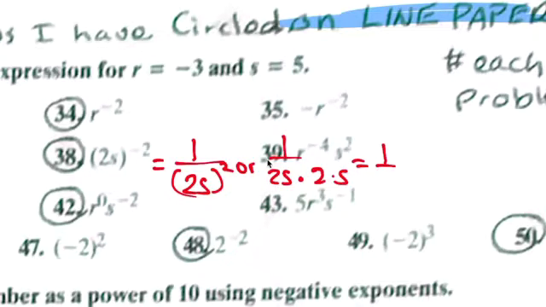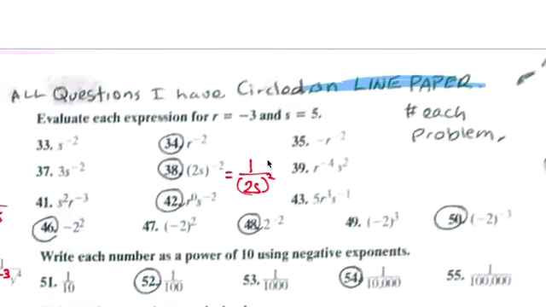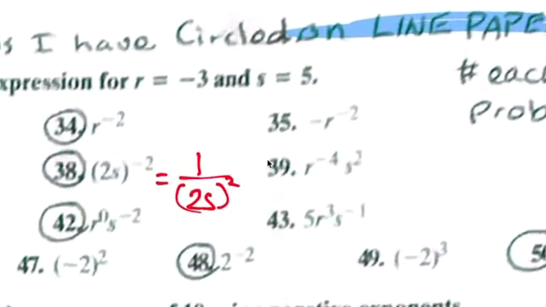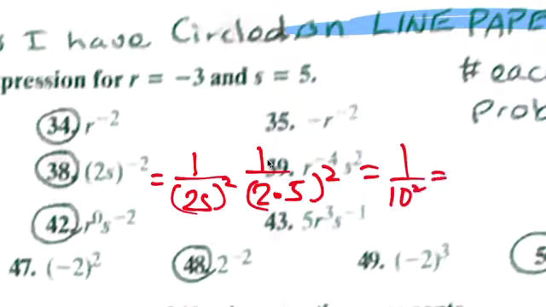okay, let's see. They tell you what s is, sorry. I forgot these problems tell you what the numbers are. This is 1 over 2 times 5, and then squared, so 1 over 10 squared, which is 1 over 100.